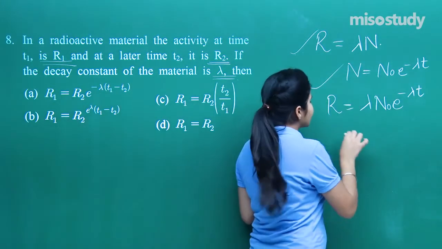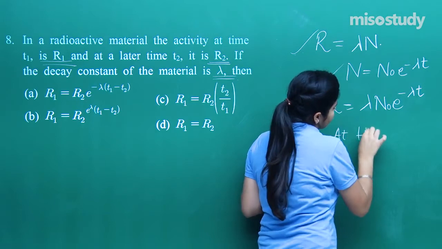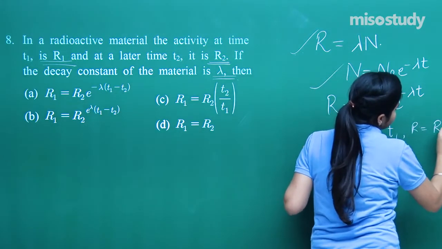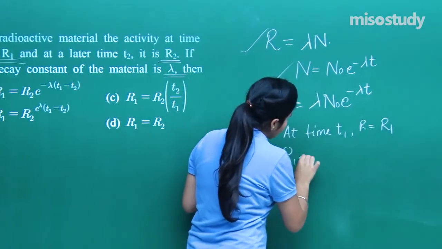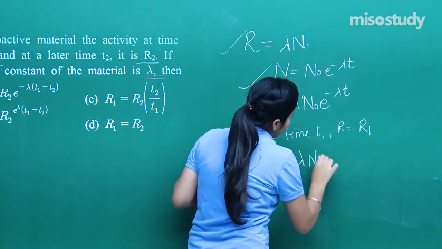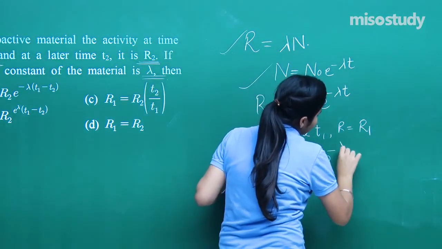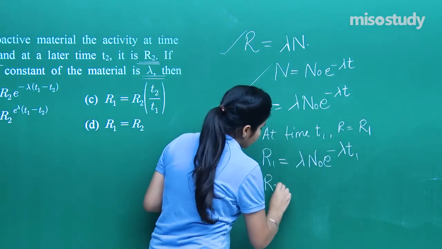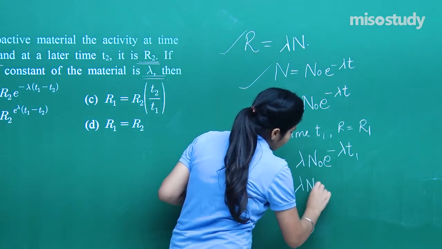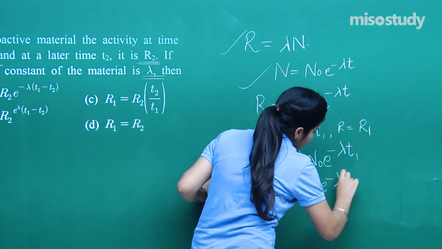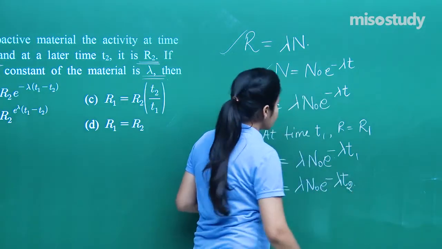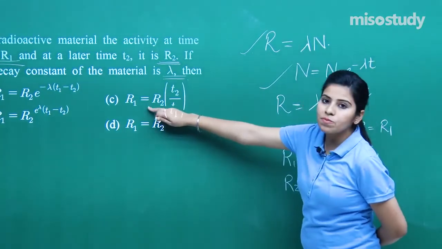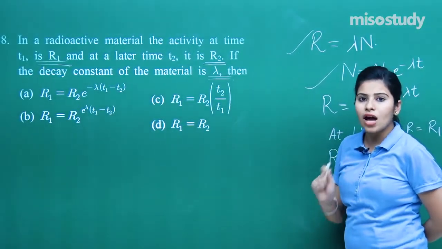Now at time t1, R equals R1. So R1 will be lambda N naught e raised to the power minus lambda t1, and R2 will be lambda N naught e raised to the power minus lambda t2. I can see that this must be the ratio of R1 and R2.